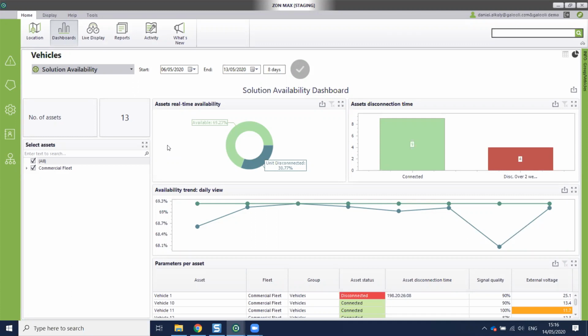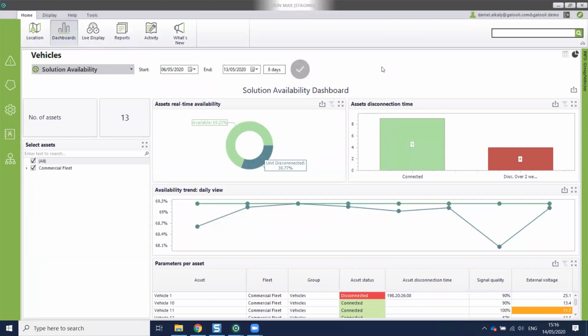What am I saying? I'm actually saying the percentage of units which are connected versus the percentage of units which are disconnected. Just a minute about disconnected. Disconnected could mean several things. Disconnected could mean that there's actually no power to the unit and therefore it's not functioning. Or disconnected could also mean that the unit is connecting, it's collecting data, however, it's not passing any data to the server.